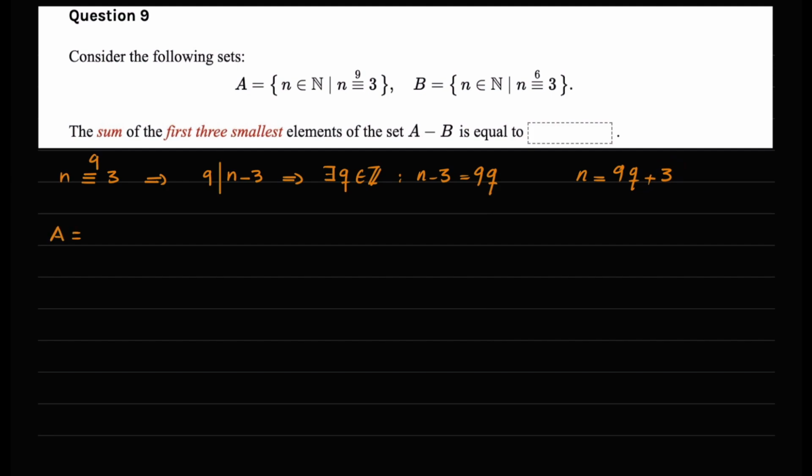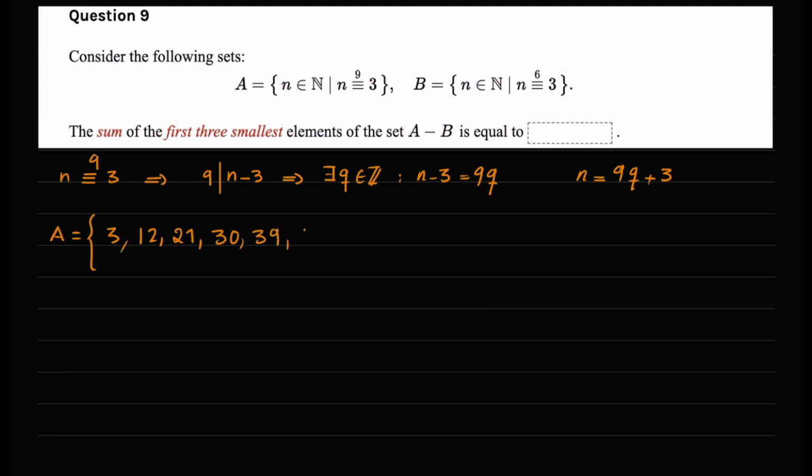So A, the first element that I have in A is 3. Then I choose q to be 1. Then it becomes 12. I choose q to be 2. The next one goes 9 units higher, so it becomes 21. Then 30, 39.